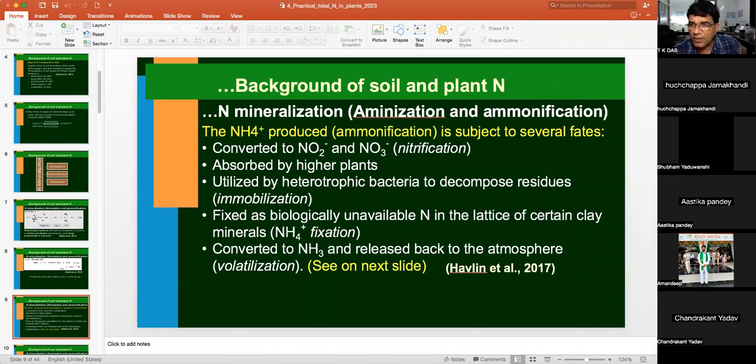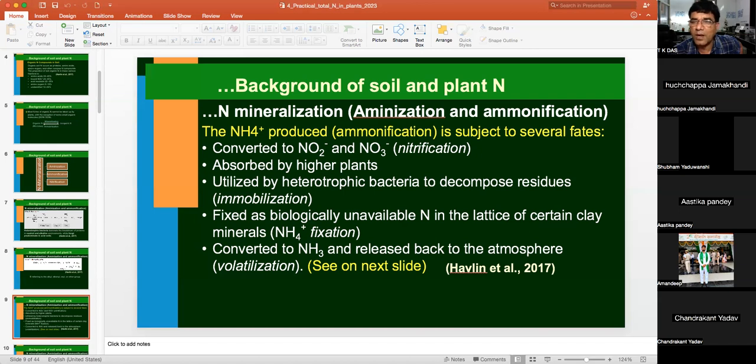First, let us see ammonium fixation. At a certain point of time, you have sufficient quantities of ammonium in the soil. Either it is coming from fertilizer, or it can come from organic sources.